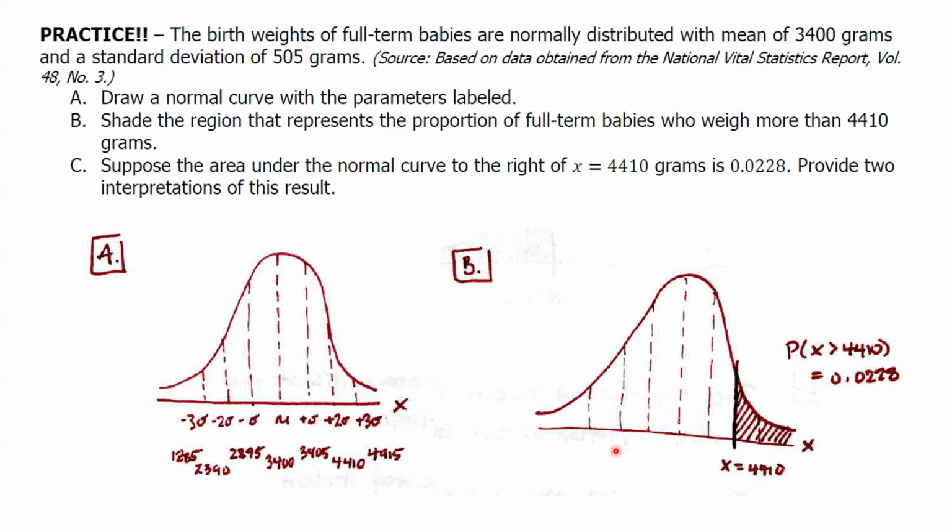So we would label that and then shade the region to the right, because the right values are the values where full-term babies weigh more than 4,410 grams. So C then tells us that suppose the area under the normal curve to the right of 4,410 grams is 0.0228. Provide 2 interpretations of this result.